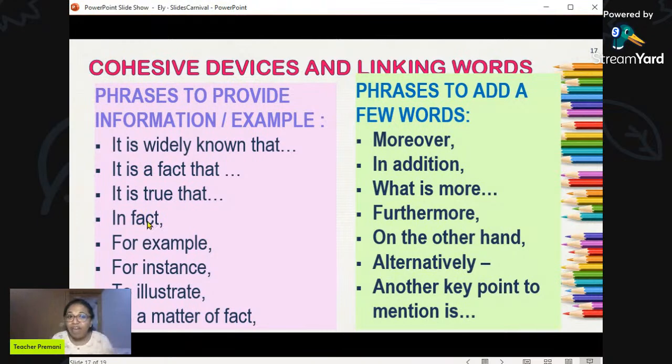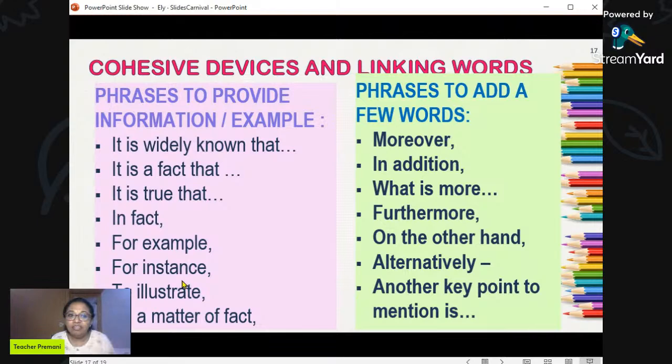In fact, give the sentence. For example, if you're giving an example, okay, if it's not an example, it's a fact, then it cannot use this. For example, for instance, to illustrate, this one cannot. This one really you're giving an example. I love to eat Western food, for example, then you give, to illustrate, burger, pizza, fried chicken, you can, that is listing.